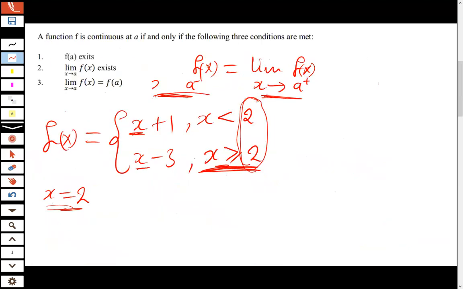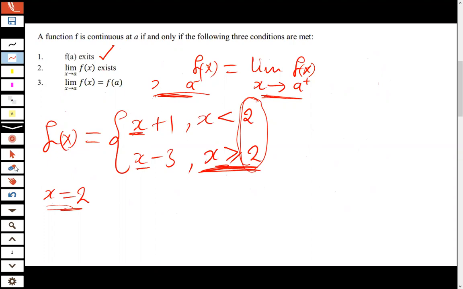Okay, let me explain it from this. Yes, we are testing for continuity. So the first step here, in case you are solving and you find that f of a does not exist, from there you can just conclude that the function f of x is not continuous at the given point a.